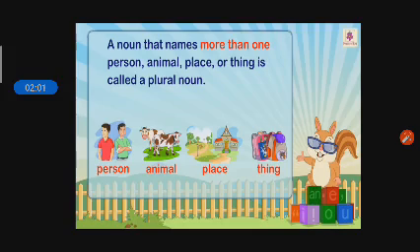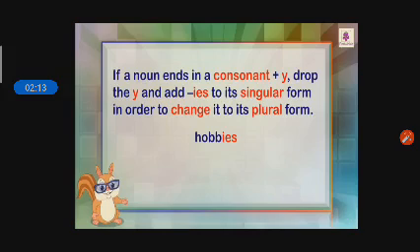So now we will learn some more plural forms, how to make this plural form with some conditions that you will learn in examples. If a noun ends in a consonant plus Y, consonant means except A, E, I, O, U. In our alphabet, total 26 letters.